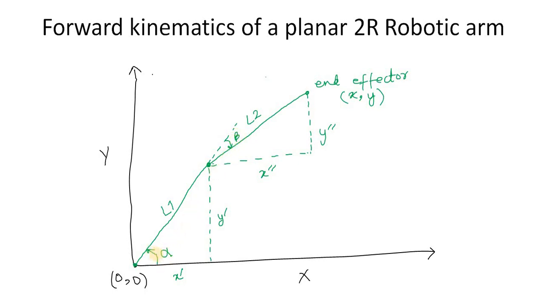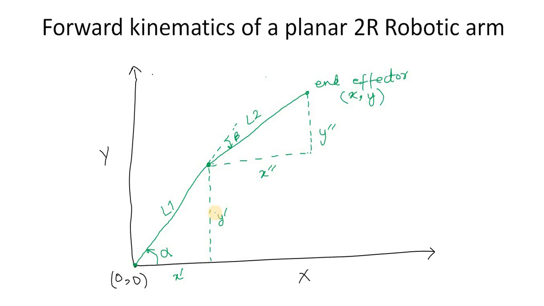Notice that the angle alpha is anti-clockwise, and angle beta is clockwise. So this angle beta is negative and angle alpha is positive. So yeah, the 2D representation of the robot is complete.